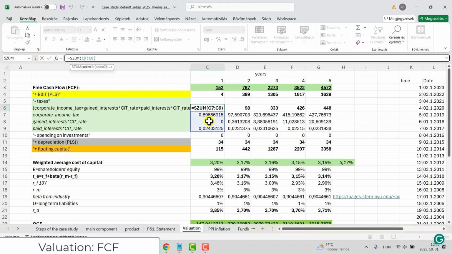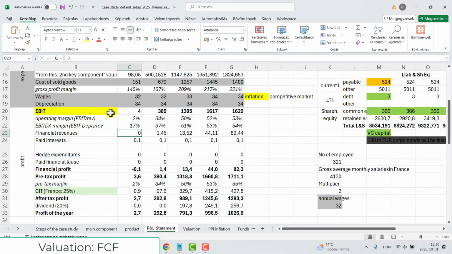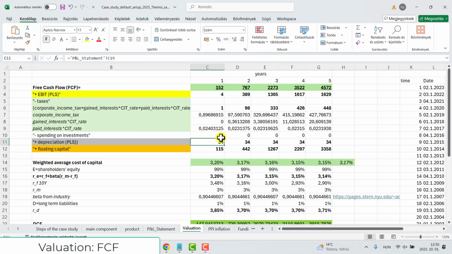And also we can see that this thing is summed up as taxes, and this is plus, this is minus. Spending on investment is 0 because we are ignoring that we are doing any kind of an investment. It would be really hard to assign any kind of a number, so that's why it's 0. If our business plan would contain such a number, then we would include it, but right now we cannot. Then C19. C19 is depreciation, so this reference is good.